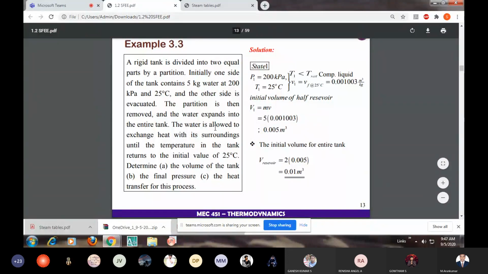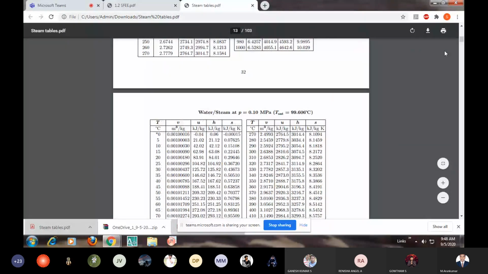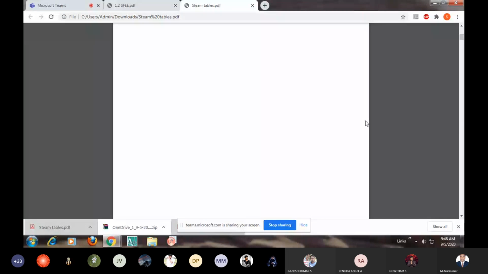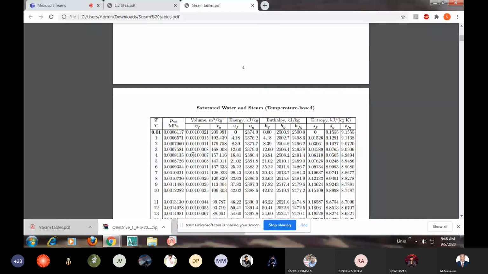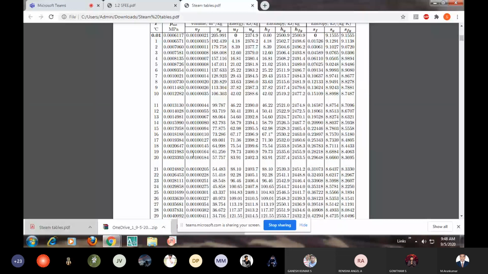Just go to the pressure 200 kilopascal and 25 degrees Celsius. Where it was this value. So in between these two, we have to interpolate. The temperature will be approximately 17 point something.